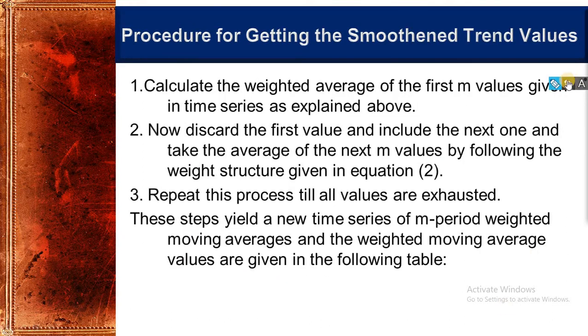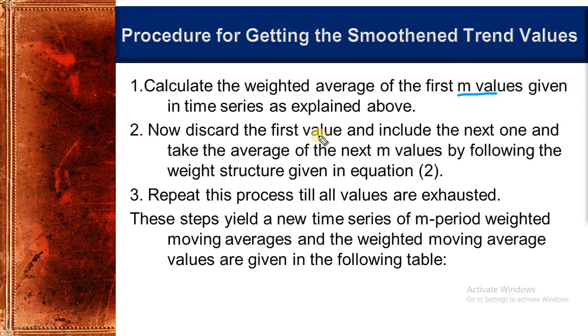Before that, let us understand the procedure to follow in the unequal moving average method. Firstly, we need to determine the m value. The m value will obviously be given in the problem, that is a 3 years moving average or 4 years moving average, something like that. The rest of the procedure is the same as we did in the simple moving average method.